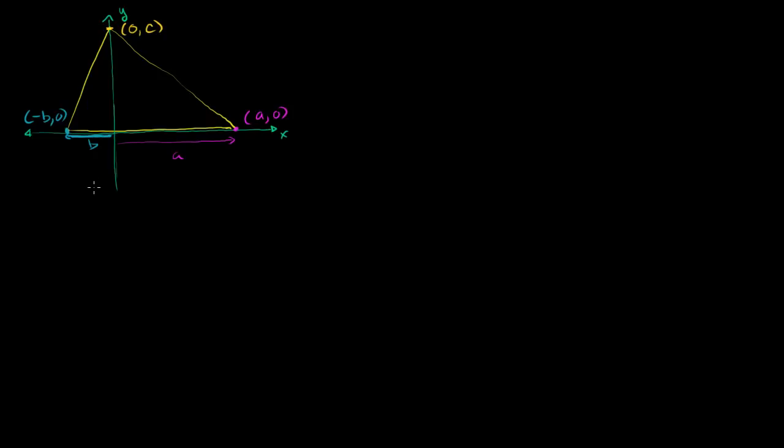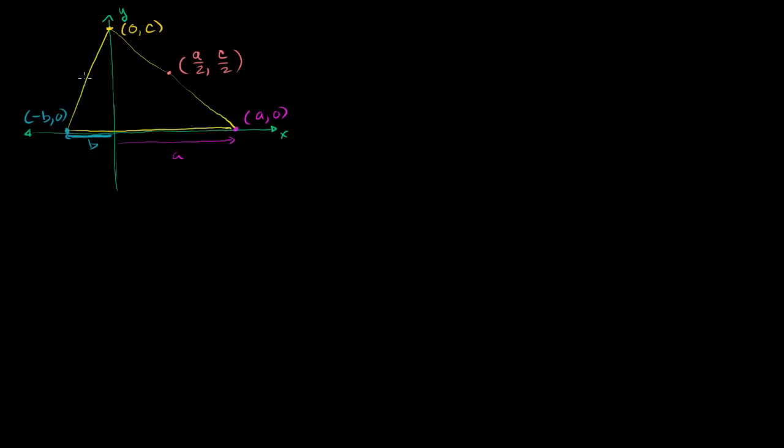Now let's think about its medians and the centroid. I'm only going to do two of the medians because we know that the third median will also intersect at the same centroid. So we have a midpoint on this side of the triangle. Its coordinates are just going to be the midpoint of those 2 points, or 0 plus a over 2, which is a over 2, and then c plus 0 over 2, which is c over 2.